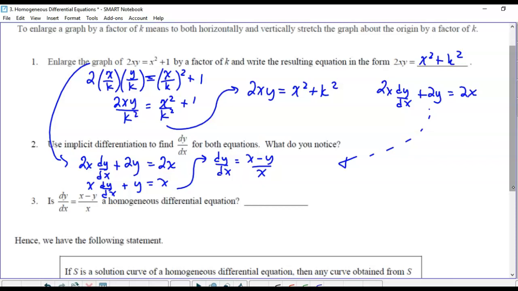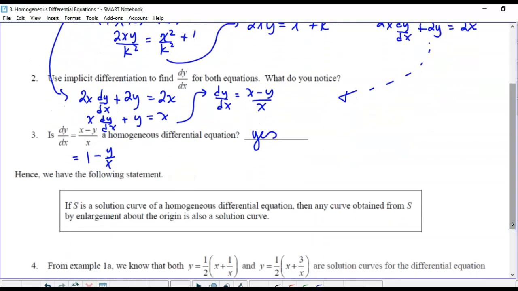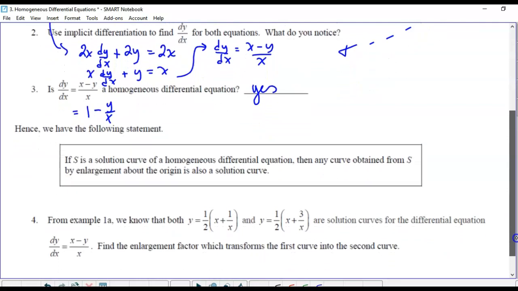All right, is this particular equation a homogeneous differential equation? We can show this as 1 minus y over x. I think that was one of the first examples. So yes, it's a function of y over x. Following statement: if S is a solution curve of a homogeneous differential equation, then any curve obtained from S by enlargement about the origin is also a solution curve.